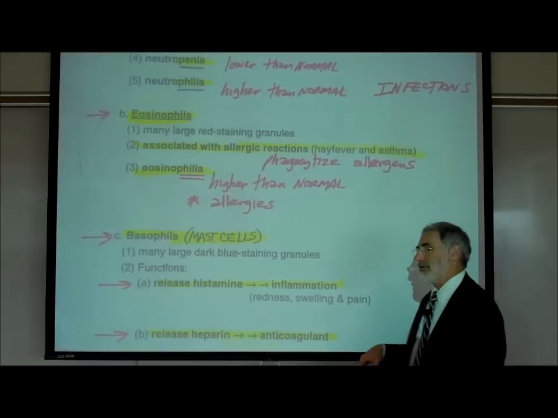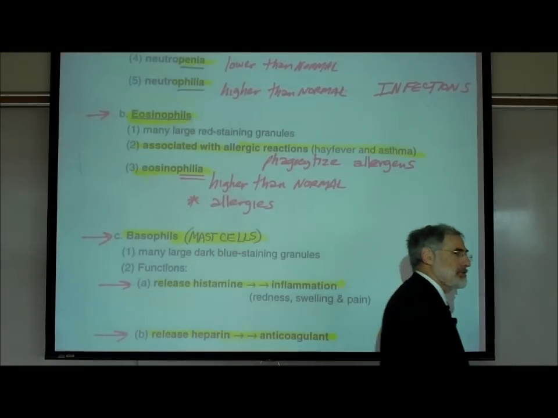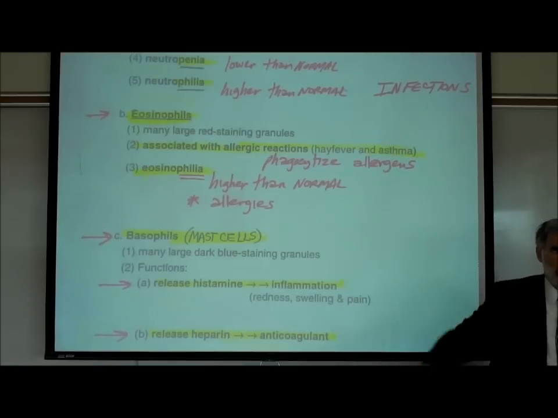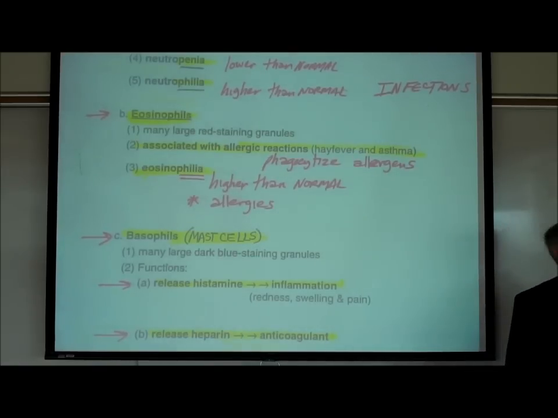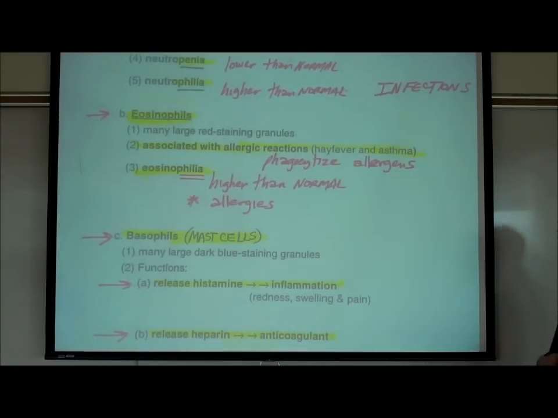Anytime you have an allergic reaction, you've got hay fever, asthma, any kind of other allergic reaction, you have an increased number of eosinophils to swallow up those allergens, those substances that you're allergic to, whether it's food, medicine, fur, whatever it is that you've been exposed to that you happen to be hypersensitive to.